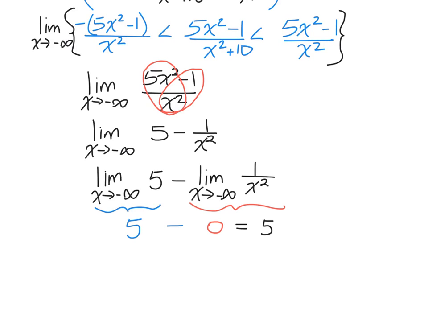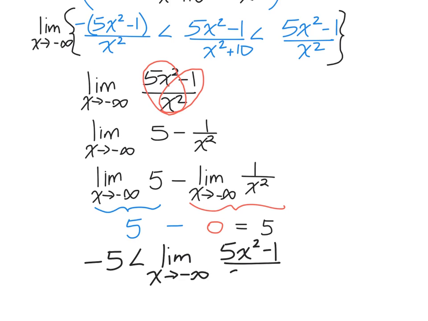It would still give you the negative version of this answer. So we can say that negative 5 is the low bound when we're looking at the limit as x approaches negative infinity of 5x squared minus 1 over x squared plus 10, and 5 is the upper bound.